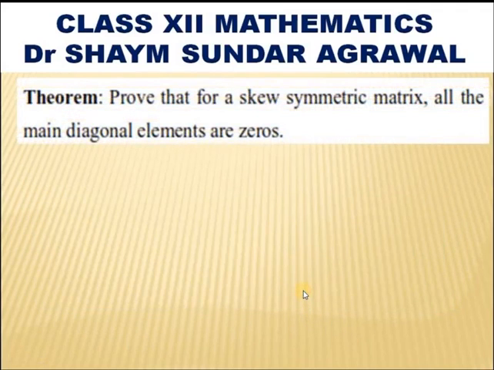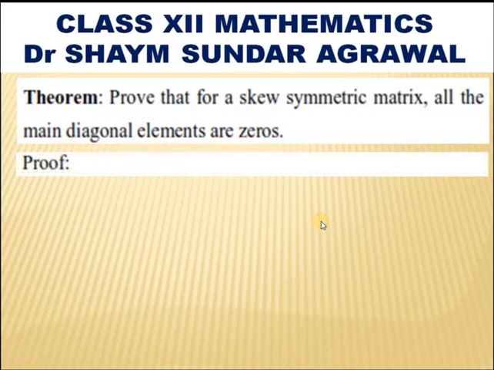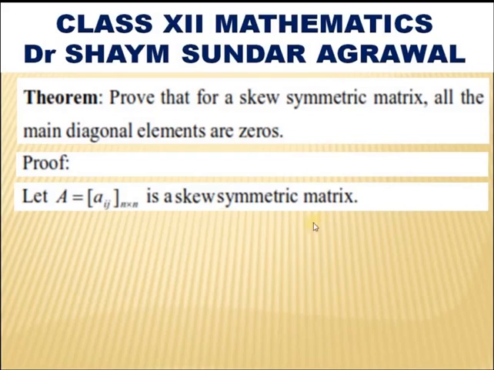Now let us prove that for a skew symmetric matrix, all the main diagonal elements are zeros. Proof. Let us take a matrix A = [aij] of order n cross n which is a skew symmetric matrix. That means a square matrix A is given and it is skew symmetric.